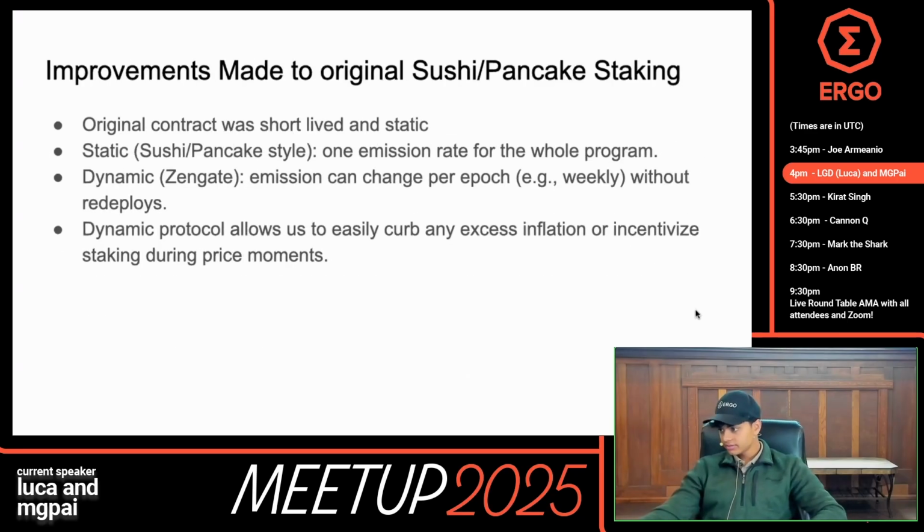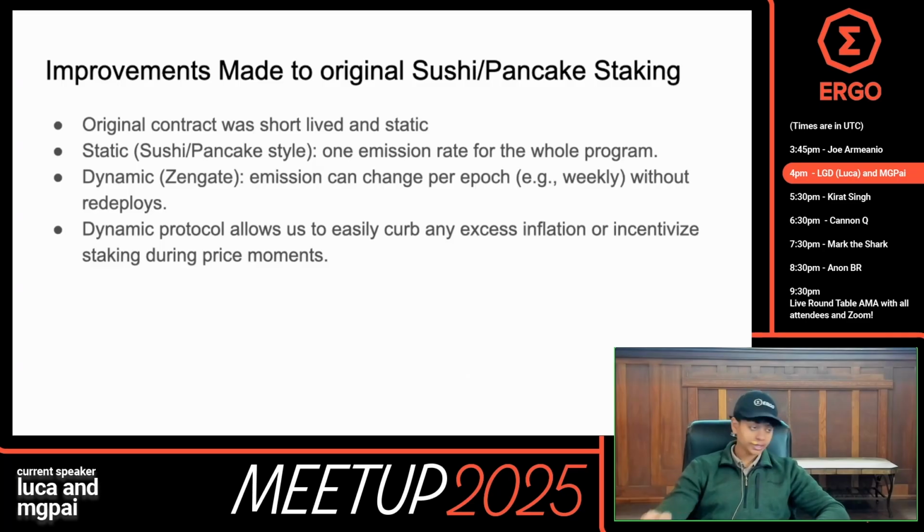So the final slide here is improvements made to the original protocol. The original contract was short-lived and static. Like I said, it was originally meant for things like meme coins, where you just don't want people to sell, and you don't really think about the long term. The problem with this was it was very static: you have one emission rate for the whole program.